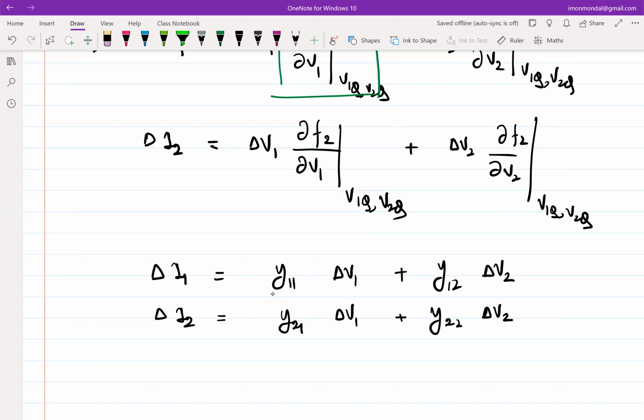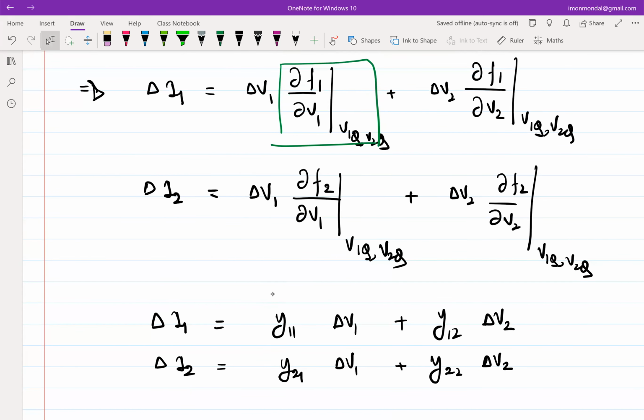Right. In this case, the effect of port 2 on port 1, right? So the dependent variable is port 1, the independent variable is port 2, hence Y12. So the cause is to the right and the effect is on the left, right? So this is the cause. This is the effect.